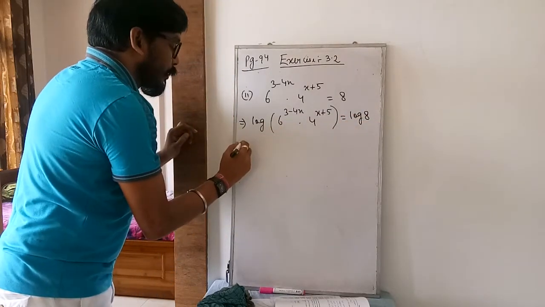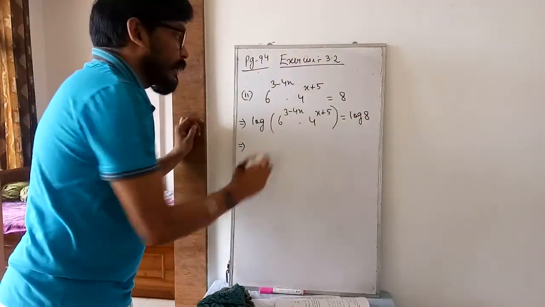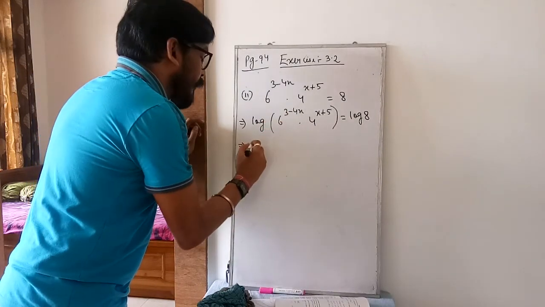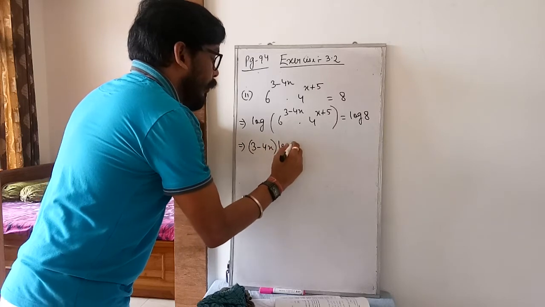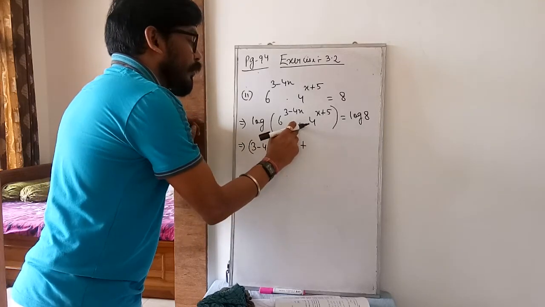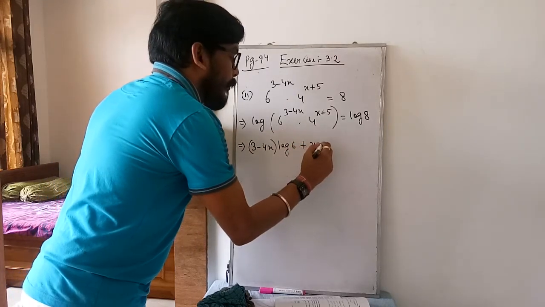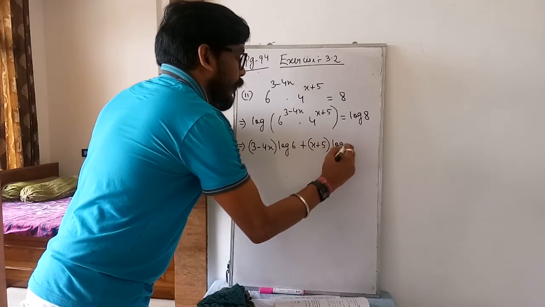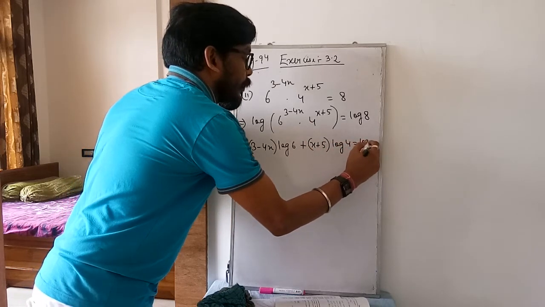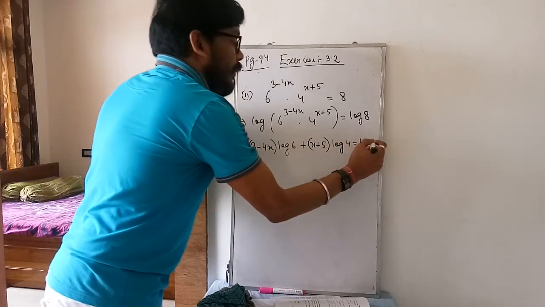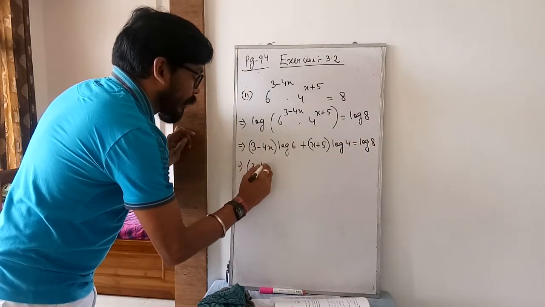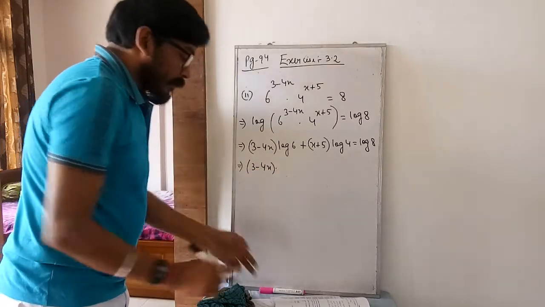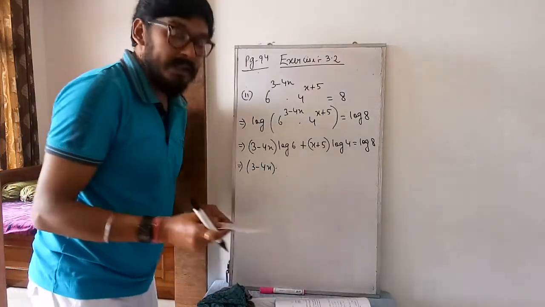Whenever it is into, it will become plus, and the power will come in the coefficient. So I am writing directly (3 minus 4x) log 6 plus, since it is into, it will become plus, power will come in the coefficient, (x plus 5) log 4, and here log 8. I will use the log table here. For 3 minus 4x, log 6 means, log 6 you will not get, you will get log 60.